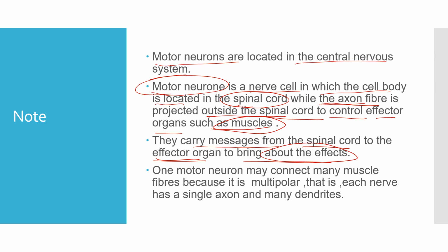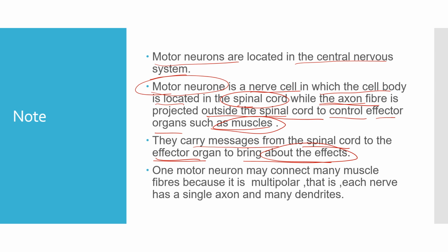So let us take one example. If a person has damage or an injury in the spinal cord, what will happen? The muscles get paralyzed. We can see the lower part of the body is mostly affected.